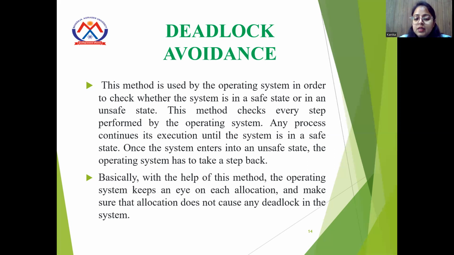Any process continues its execution as long as the system is in a safe state. Once the system enters an unsafe state, the operating system has to take a step back, because a safe state means there is no deadlock. But if our system enters the unsafe state, meaning it has a deadlock, then we have to simply take a step back. Basically, with the help of deadlock avoidance, the operating system keeps an eye on each resource allocation and makes sure that the allocation does not cause any deadlock.